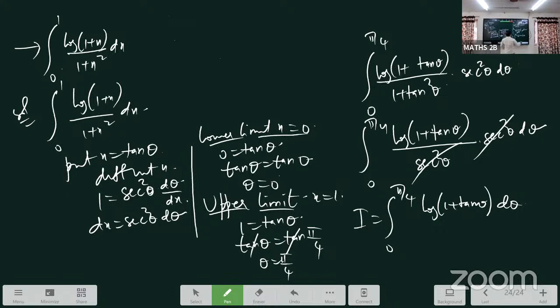This I am going to take as I. So I equal to 0 to pi by 4 log of 1 plus tan theta d theta.